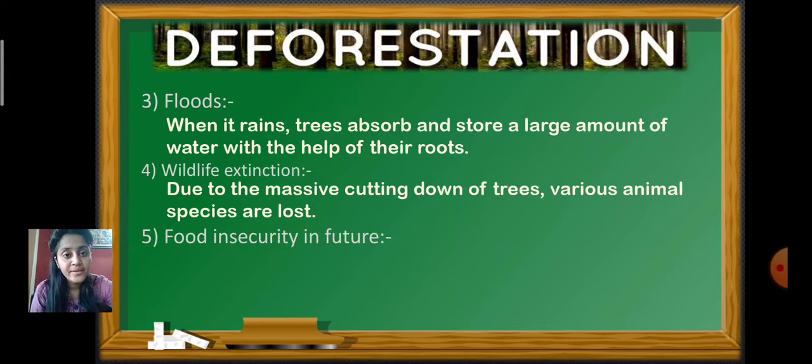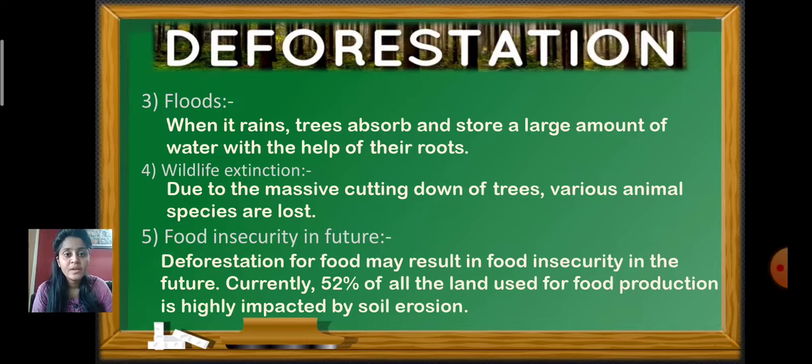Let's see the next one, food insecurity in future. Deforestation for food may result in food insecurity in future. Currently, 52% of all the land used for food production is highly impacted by soil erosion. Do you know what soil erosion is?